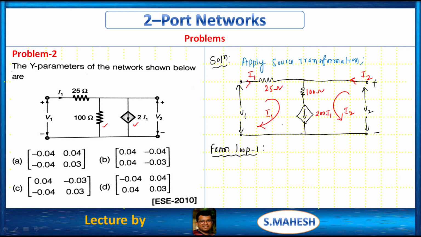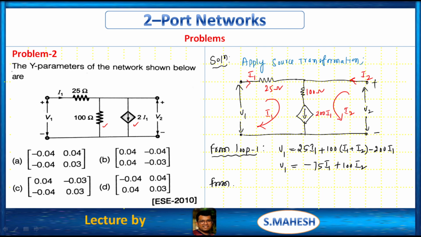From loop 1 we have V1 equal to 25 I1 plus 100 into I1 plus I2. This is also a voltage value, that is minus 200 I1. So from this, V1 is equal to minus 75 I1 plus 100 I2.